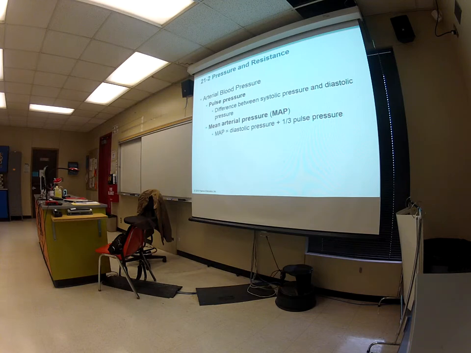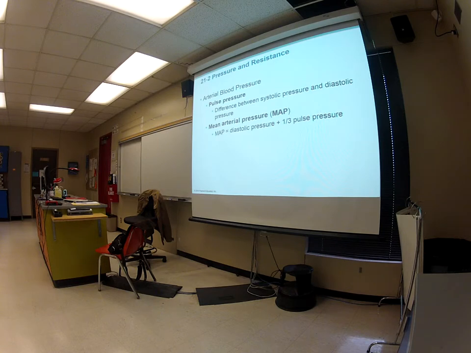So mean arterial pressure, MAP, is diastolic pressure plus 1/3 pulse pressure. Well, pulse pressure is the difference between systolic and diastolic. So the difference between the two, and then diastolic plus 1/3 of that.